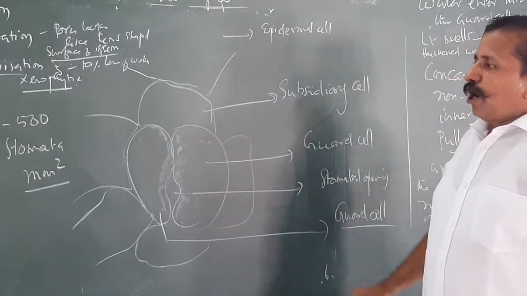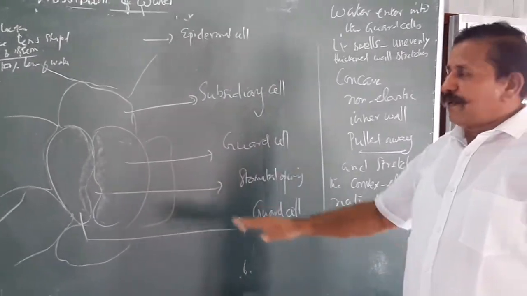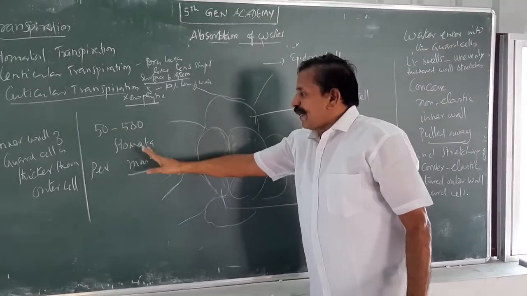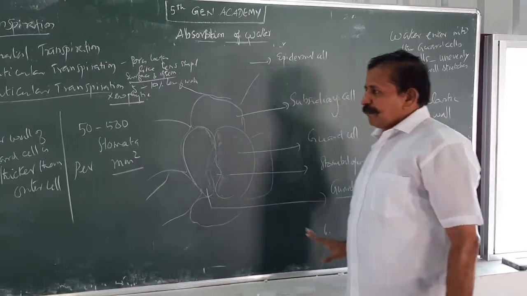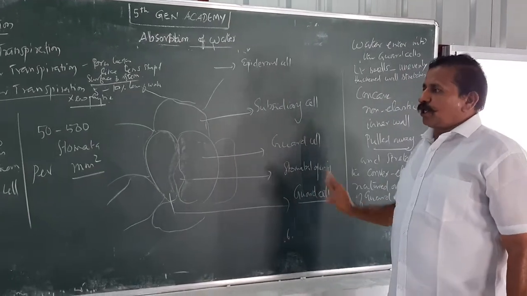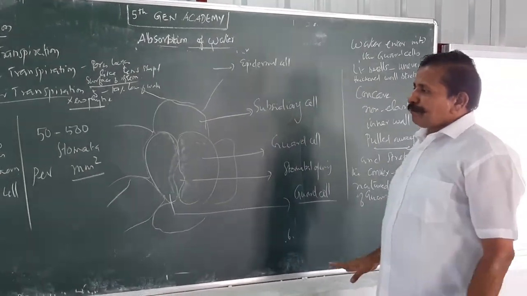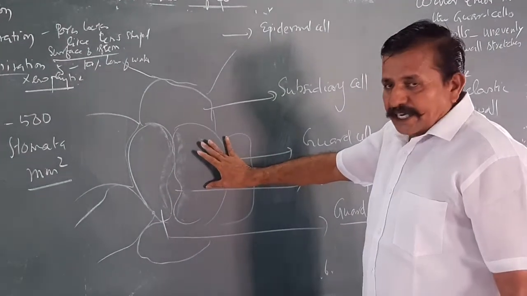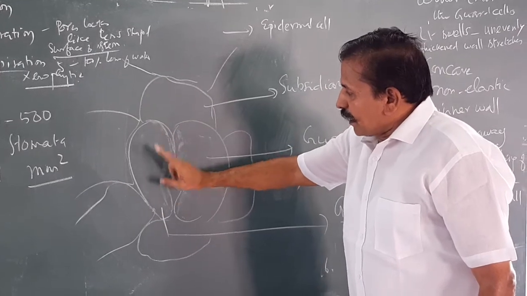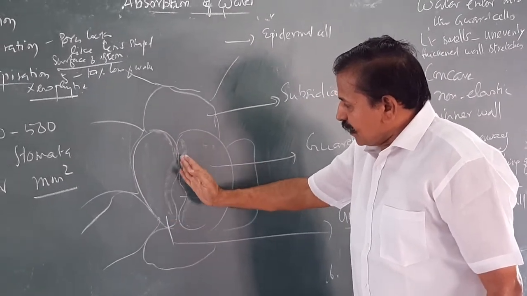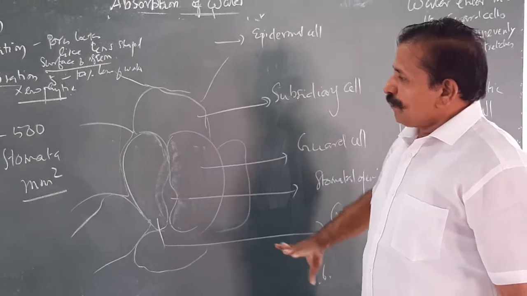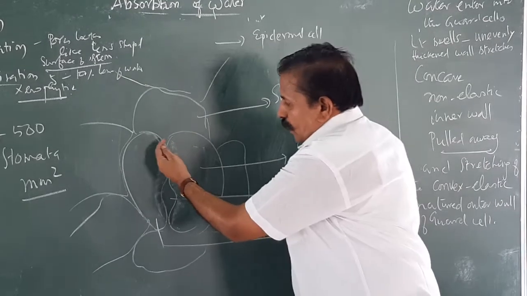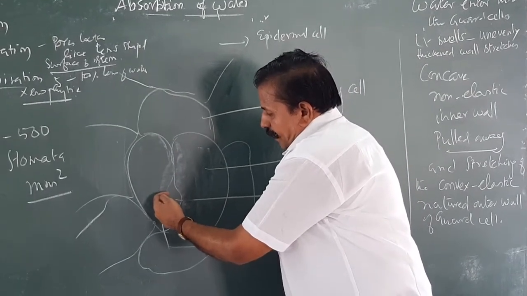How many stomata are present in the lower epidermis? We can calculate 50 to 500 stomata per mm square. Now take the guard cell: the outer wall is convex and the inner wall is concave.